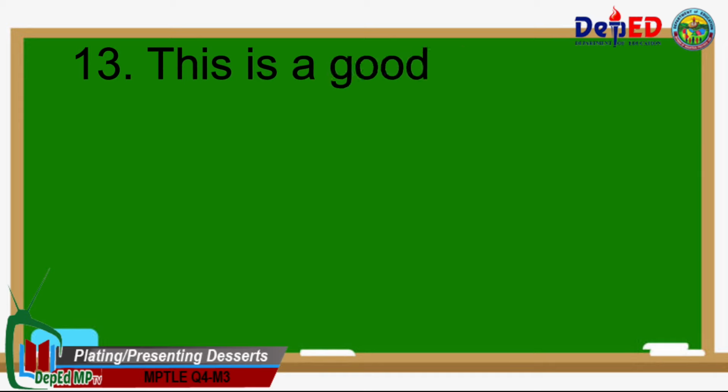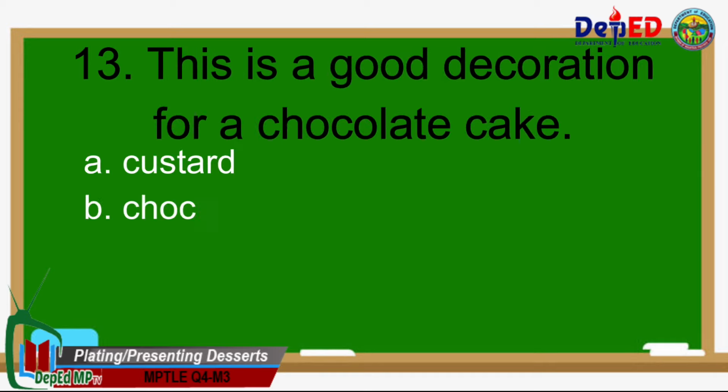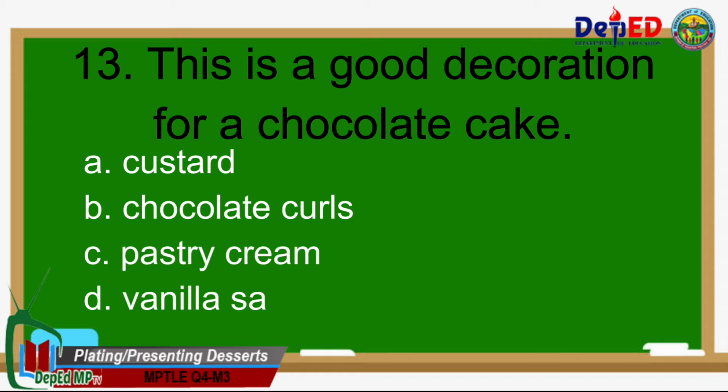Number 13. This is a good decoration for chocolate cake. Letter A. Custard. Letter B. Chocolate curds. Letter C. Pastry cream. And letter D. Vanilla sauce. The answer is letter D.